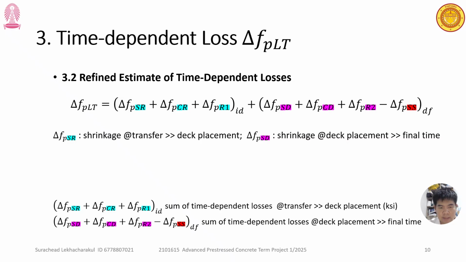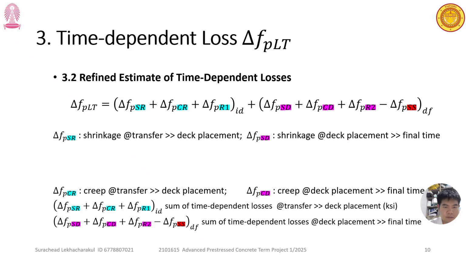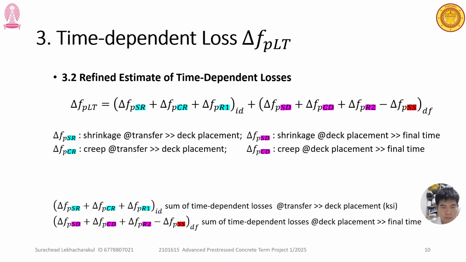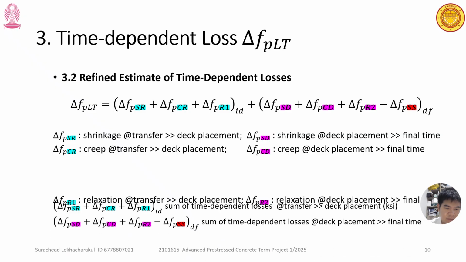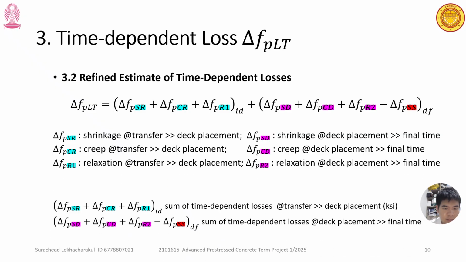The first is shrinkage, then creep, with subscripts SR and CR, and the last subscripts are R and D. You will see the differences. The relaxation is from stressing the prestressing strand.